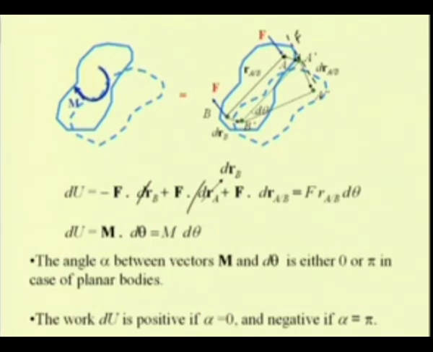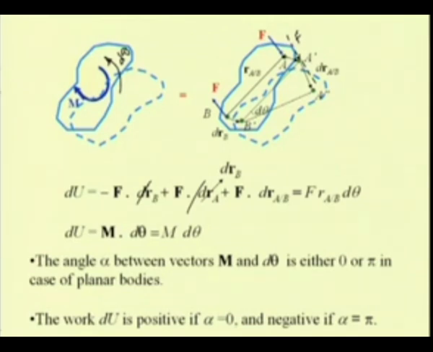Let us say in this case the moment is counterclockwise. So, d theta can also be counterclockwise, in which case the angle between these two vectors is 0. When the angular displacement is the other way round, that means if d theta is in the counterclockwise direction and M is in the clockwise direction, then they are in the opposite sense and we have the angle between the vectors as pi.